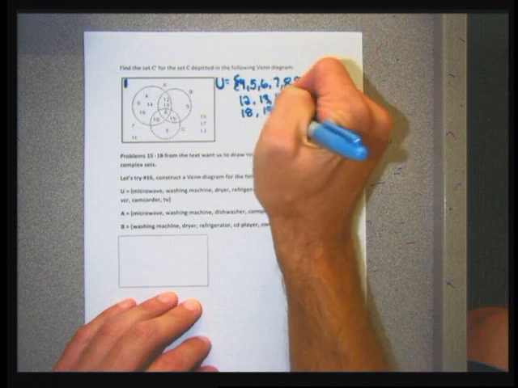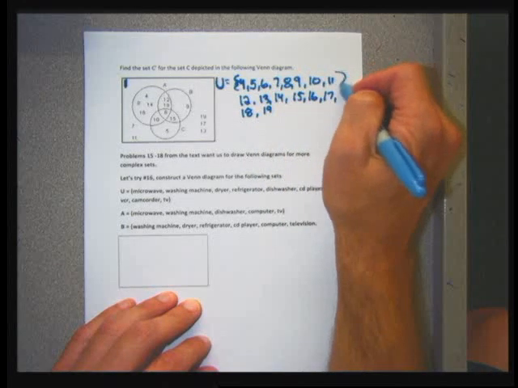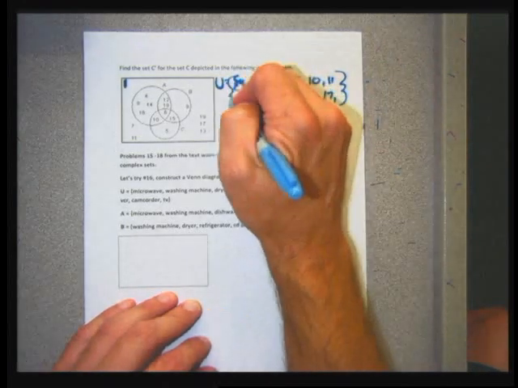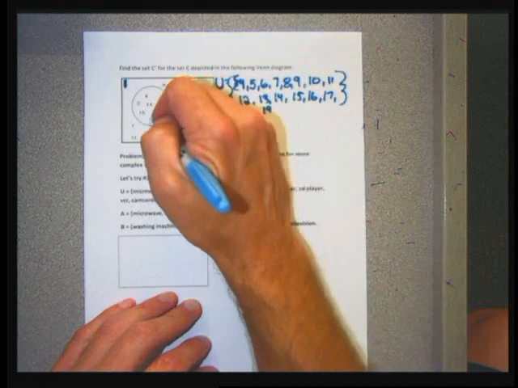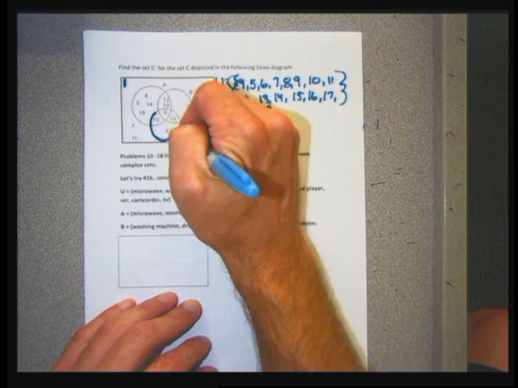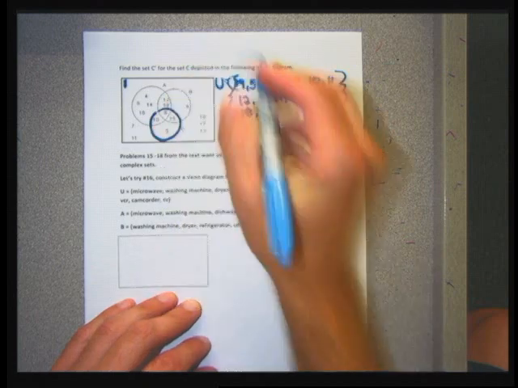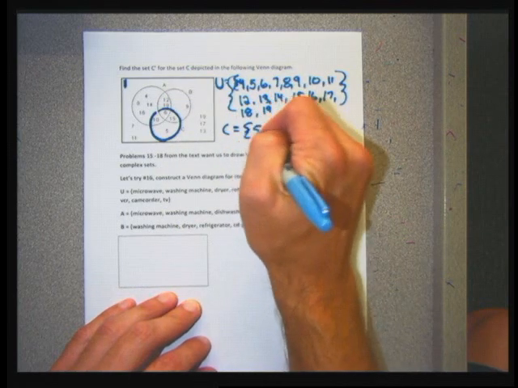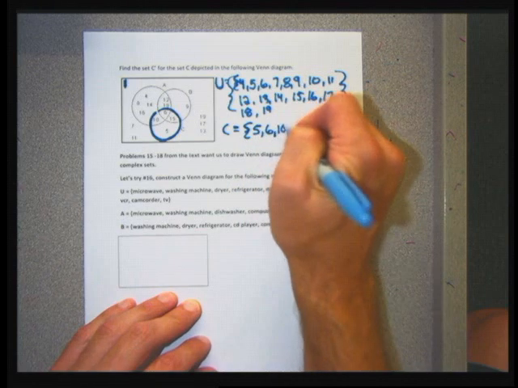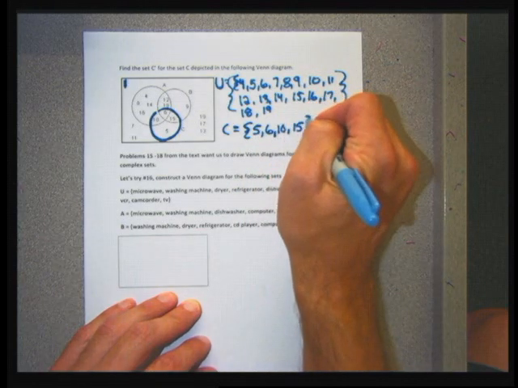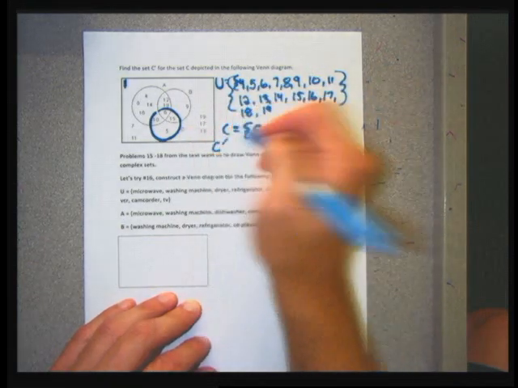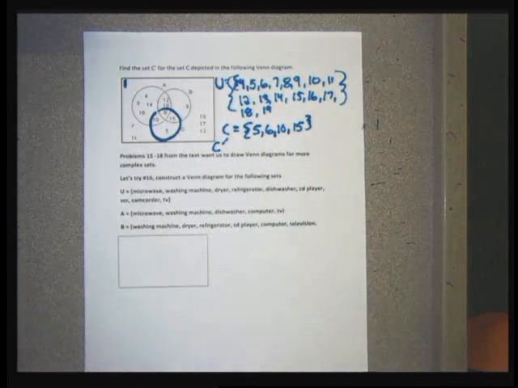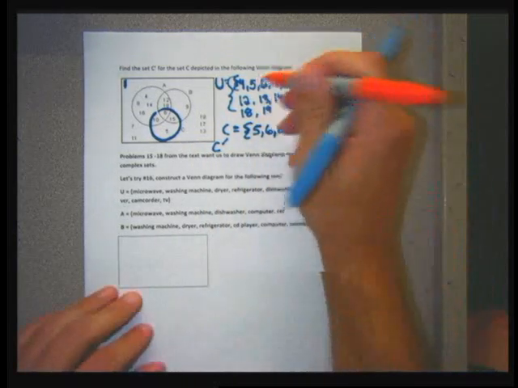So the universe for this problem contained any number between 4 and 19. Set C contained the numbers 5, 6, 10, and 15. If I want to write down what C complement is, then from my set U, I cross out the 5, 6, 10, and 15.